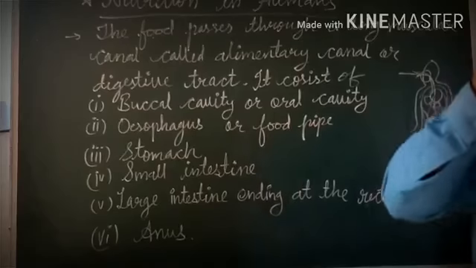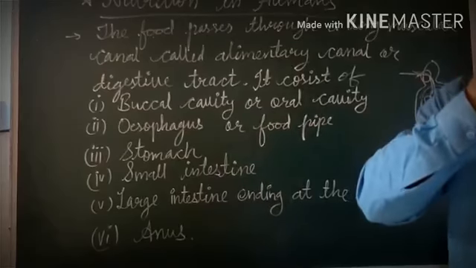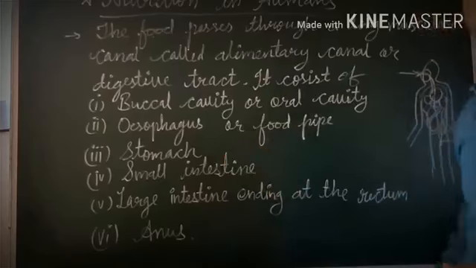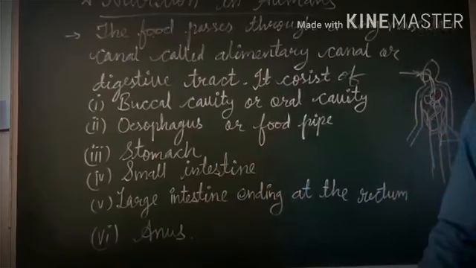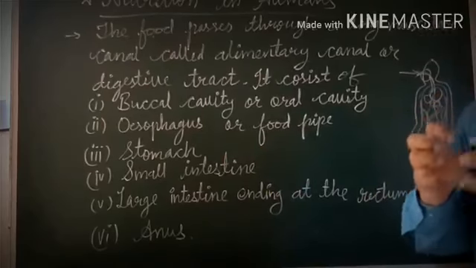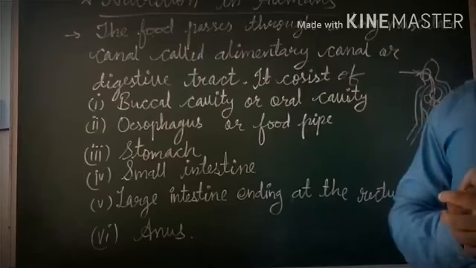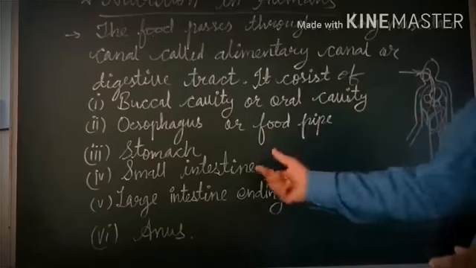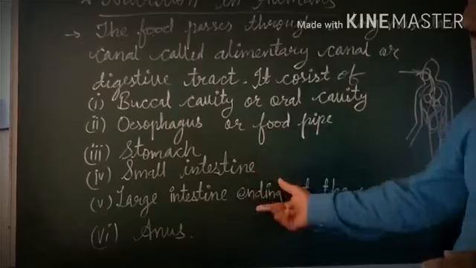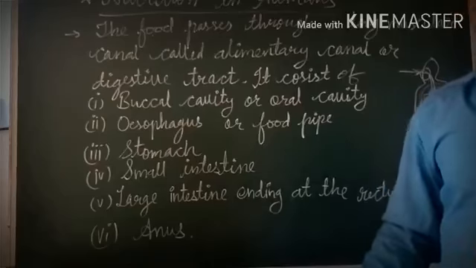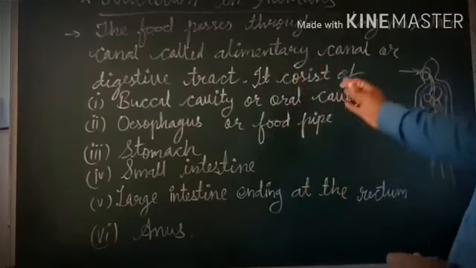With the help of the food pipe, food goes from the buccal cavity into the stomach. Next is the stomach, where food is stored and converted into paste. In the stomach there is secretion of digestive juice. After the stomach come the small intestine, large intestine, ending at the rectum, and last the anus. These are the main organs.